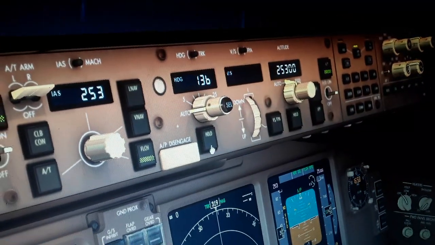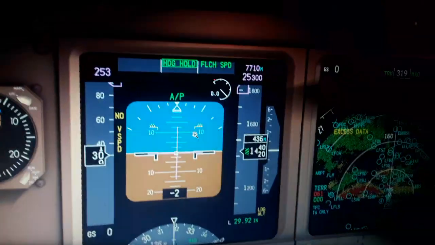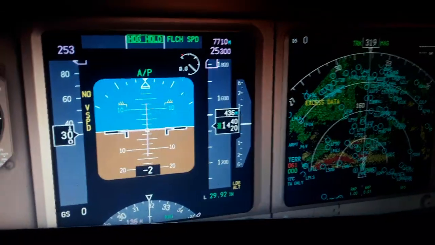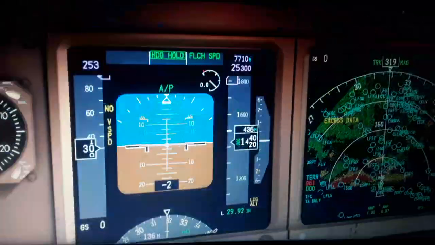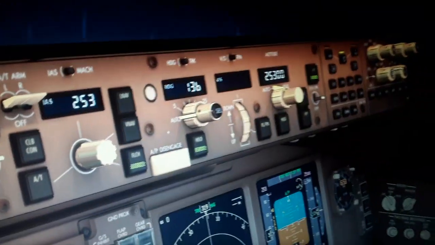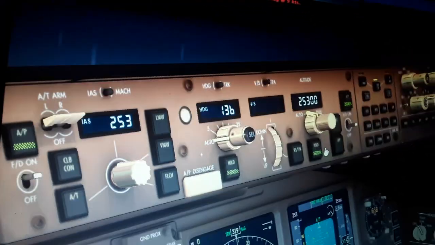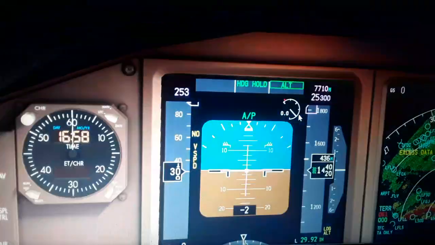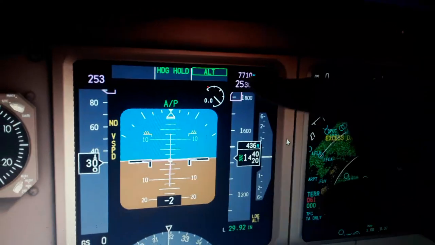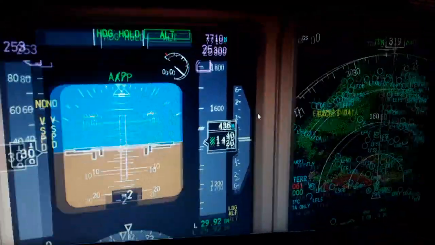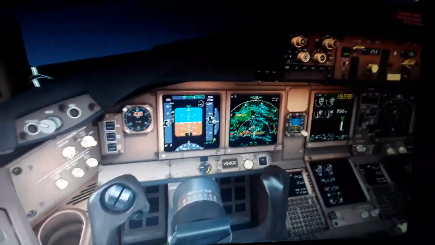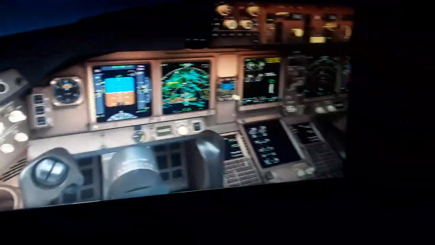We can select the flight level change with heading hold together, heading hold and flight level change speed, and we can select either flight level change or altitude or vertical speed. So now we have the altitude connected. So this is all the modes, as many as you can see.